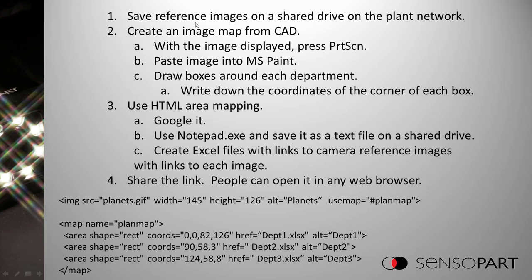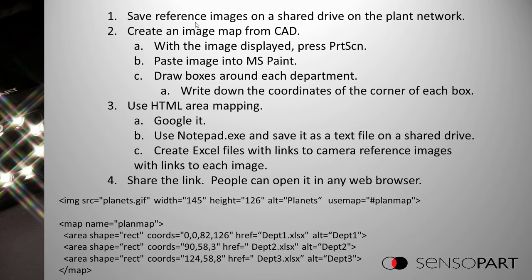You save references on a shared drive. You create an image from CAD. Just with the image displayed on a CAD station, you hit print screen. You paste it into Microsoft Paint, which comes with every Windows machine, and use it to draw boxes around each department. And while you're in Paint, when you move the cursor, it shows you the X and Y coordinates.